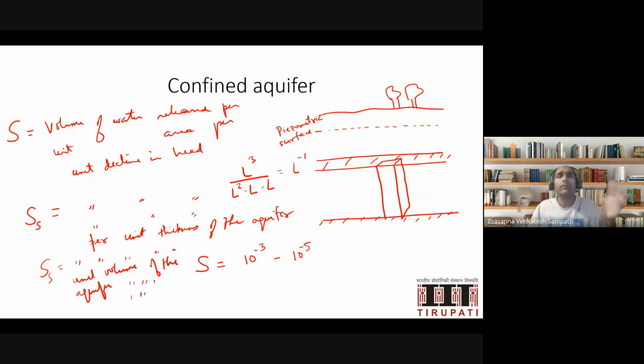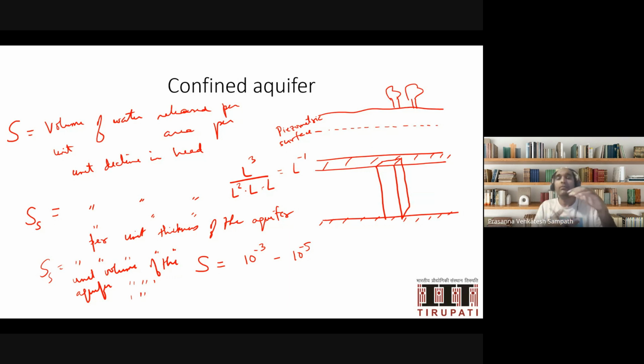The explanation for the release of water from a confined aquifer is that the water is released from storage by a combination of, number one, the compressibility of the water, and number two, the compressibility of the aquifer, right?